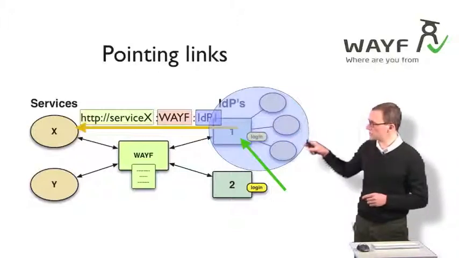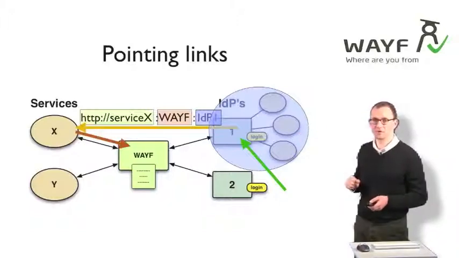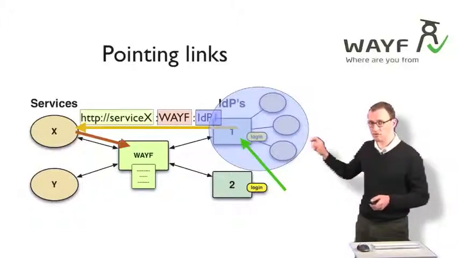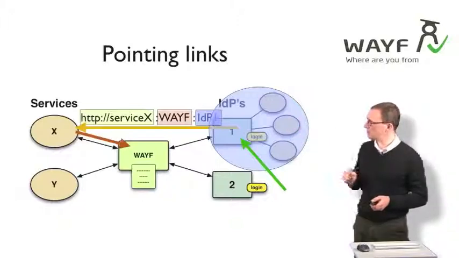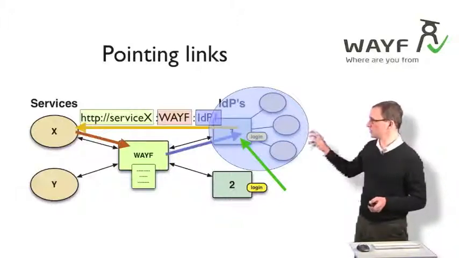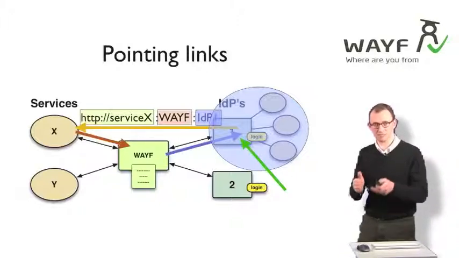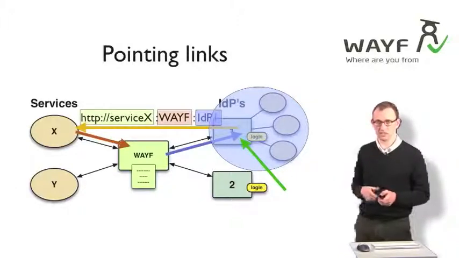So the link goes actually to the service first, then it points to the federating component, the WAYF, which is the red arrow corresponding to the red part of the link, and then in turn it keeps also a third piece of information, which is which institution you want to log into. And of course you want to log into the same institution where you already logged in.